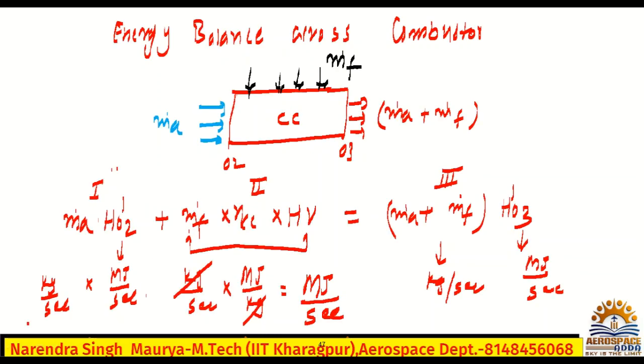This is m dot h naught 2 dash, it is kg per second, h naught 2 is megajoule per second. What I want is megajoule per second only.